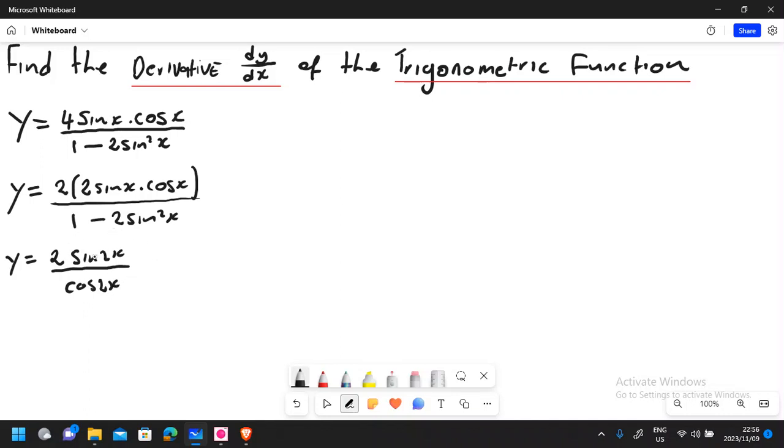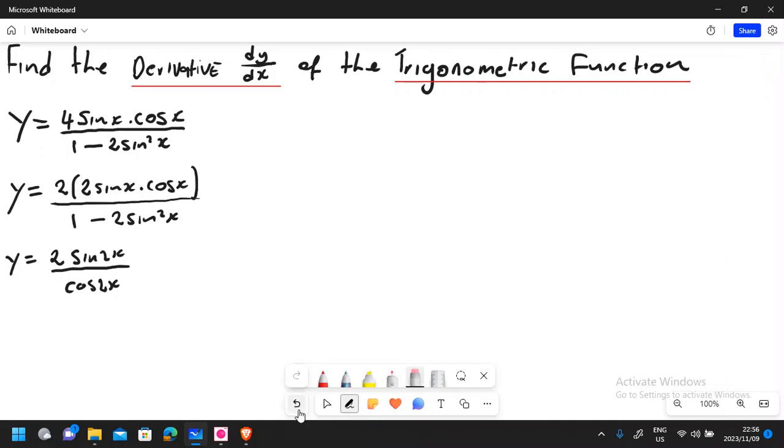If it so happens you don't remember the double angles, I made a video deriving these double angles. Go and watch that video on the icon on top here, so that you can understand where these double angles come from. But if you do remember them, then we are good. We can start. Let me just erase this very quickly.